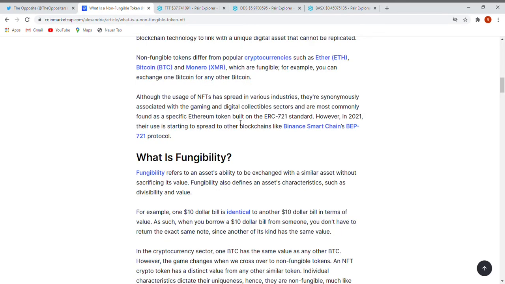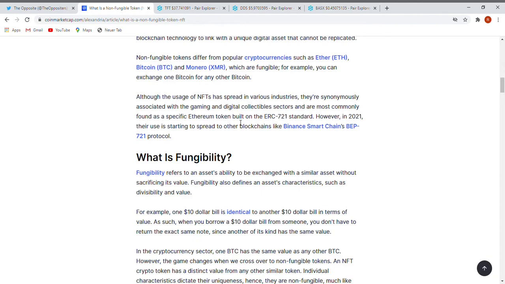Although the usage of NFTs has spread in various industries, they are synonymously associated with the gaming and digital collectibles sectors and are most commonly found as a specific Ethereum token built on the ERC 721 standard. However, in 2021, their use is starting to spread to other blockchains like Binance Smart Chain with the BEP 721 protocol.